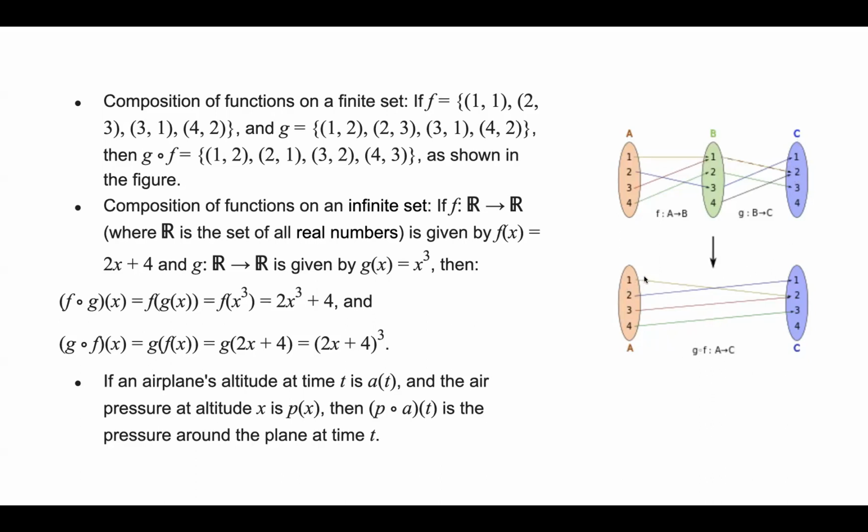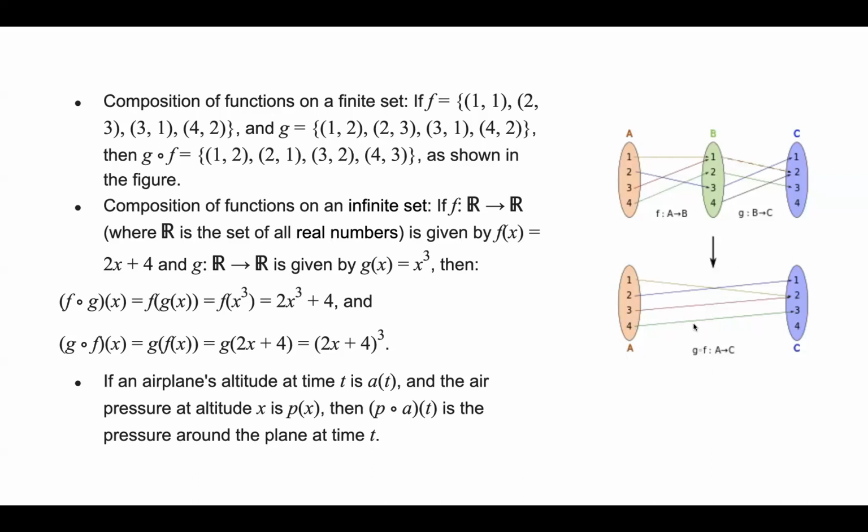So from 1 of A, it will go to 2 of C. Now 2 of A goes to 3 of B, and from 3 of B to 1 of C. So 2 of A will go to 1 of C. Then 3 of A will go to 1 of B, and 1 of B will go to 2 of C. So 3 of A will directly go to 2 of C.